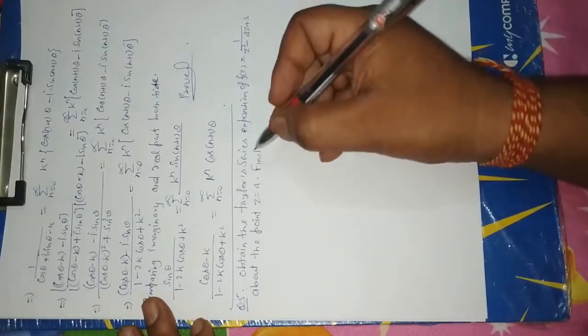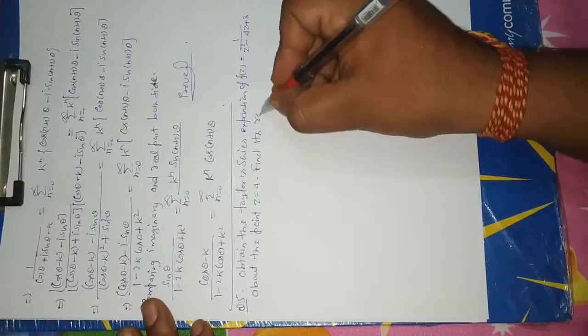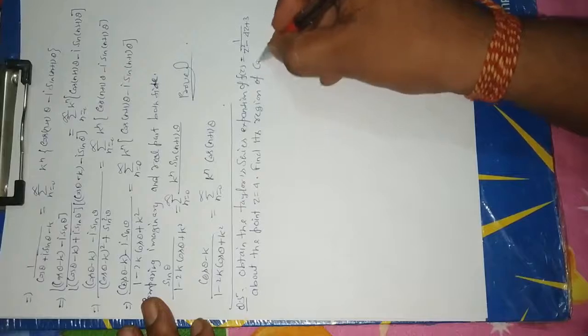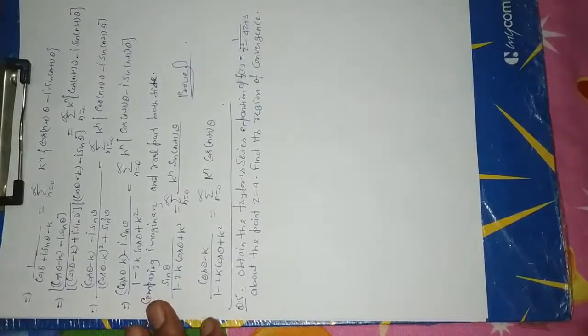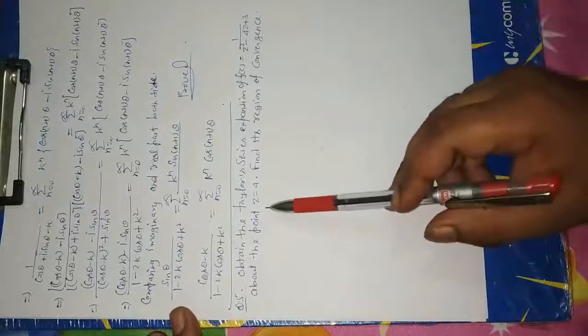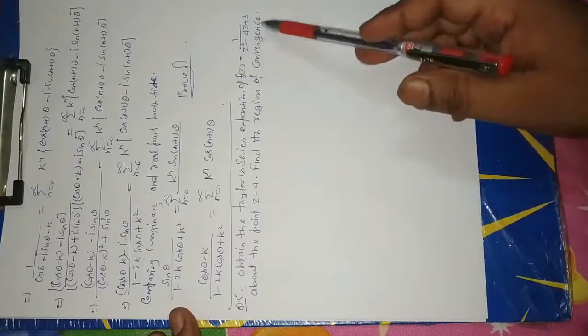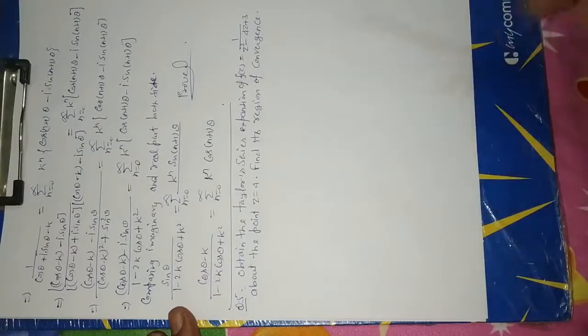Find its region of convergence. Or repeat the question: obtain the Taylor series expansion of f(z) equal to 1 upon z square minus 4z plus 3 about the point z equal to 4. Find the region of convergence.